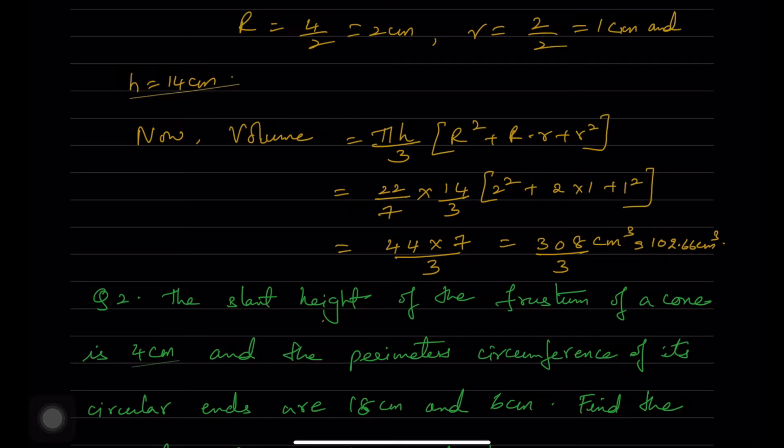So you put it in the formula, you're going to get 22 by 7 into 14 by 3, into 4 plus 2 plus 1, which is 44 into 7 by 3, which is equal to 308 by 3, which is 102.66 centimeter cube. That is the answer.